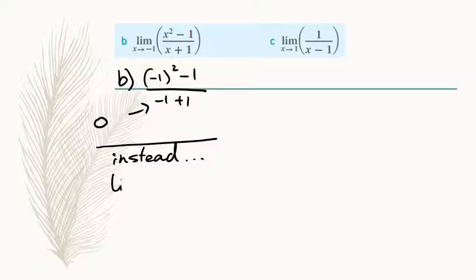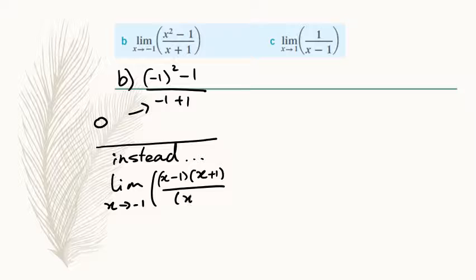Instead, we're going to actually do a little bit of manipulation in order for us to work this out. See how that's x squared minus 1? What does that factorize to? Yep, (x minus 1)(x plus 1).